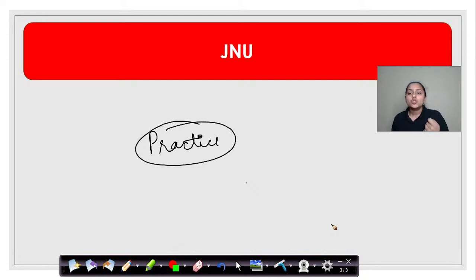So we cannot be assured that they are going to conduct a single exam for DSC and JNU, because that cannot be told right now. But when the official information comes, you will get to know. Till now it's not there. Both of them also conducted their exams individually last year.